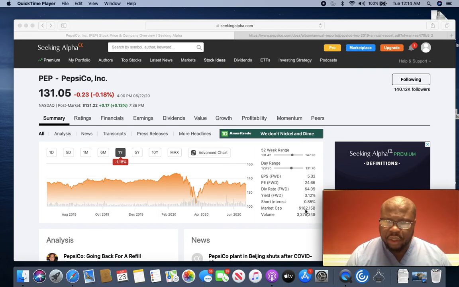So we have the yield, 3.12%. We see what it is going for right now, $131. So we get information. You can look at the 52-week range. In the last 52 weeks, it has been as low as $101.42, and it has been as high as $147.20.